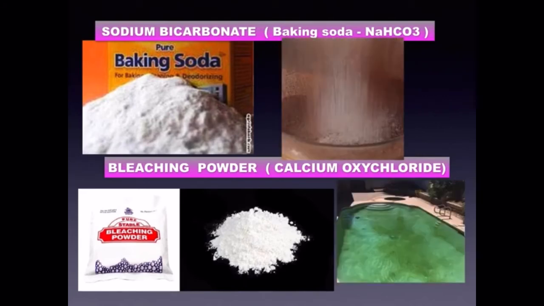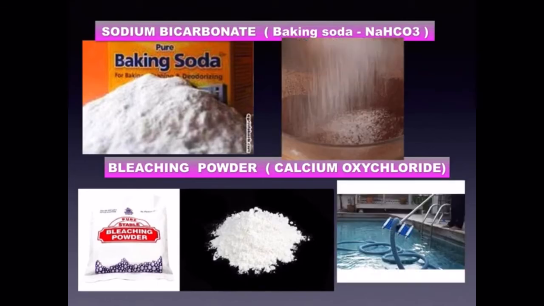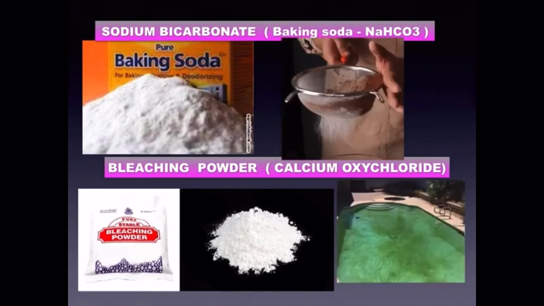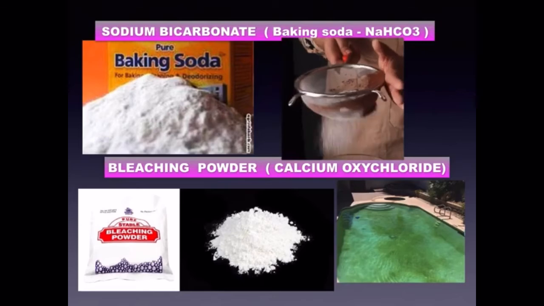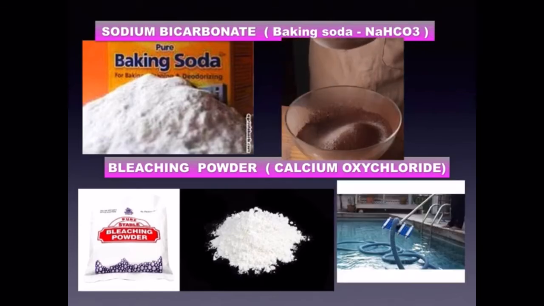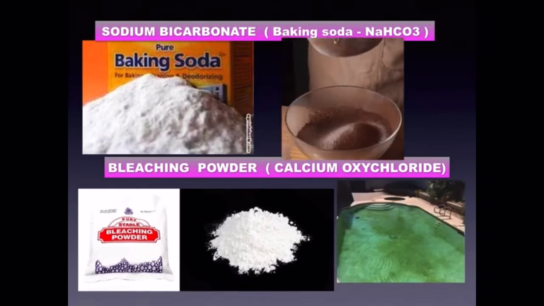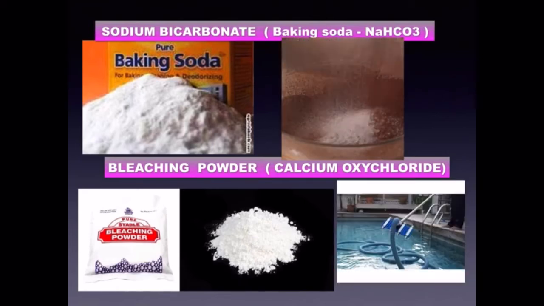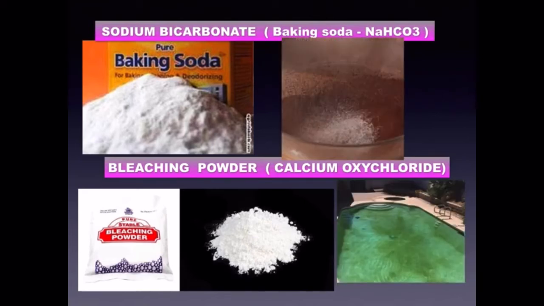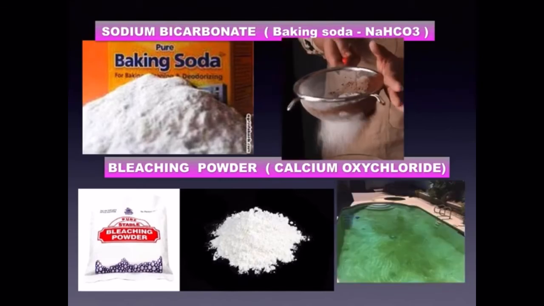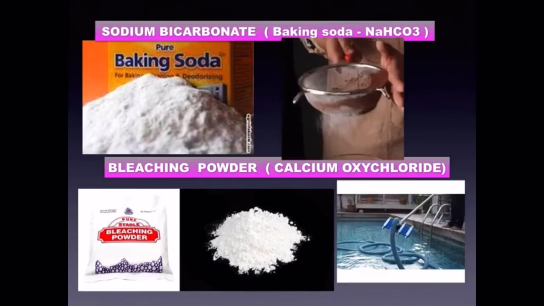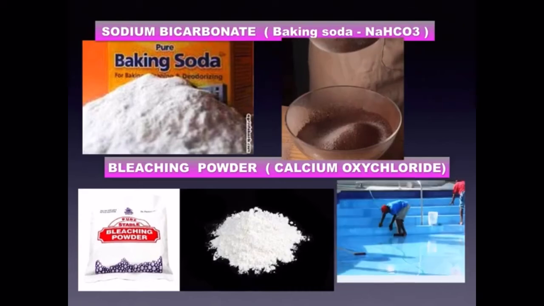It has a strong odor of chlorine gas. It's used for disinfection of drinking water and the water in the swimming pool. It is used for bleaching of clothes. It's used for disinfection by the roadside and garbage site. Calcium oxychloride reacts slowly with carbon dioxide to form calcium carbonate and chlorine.